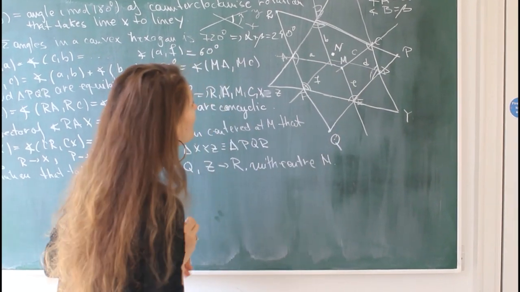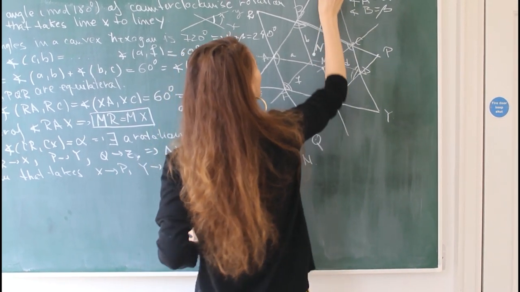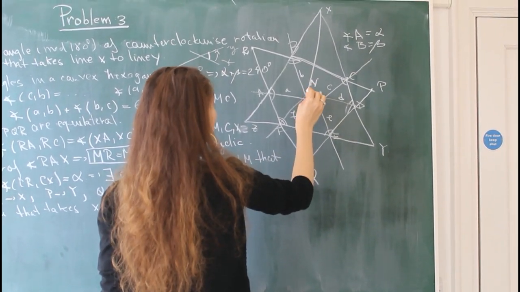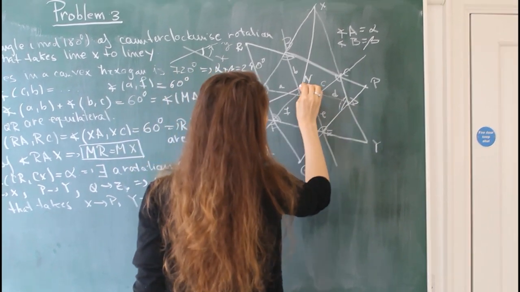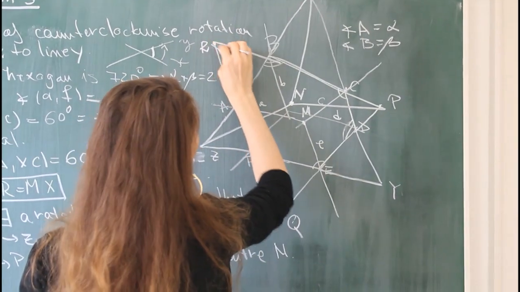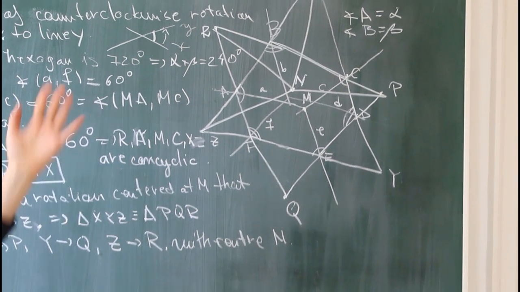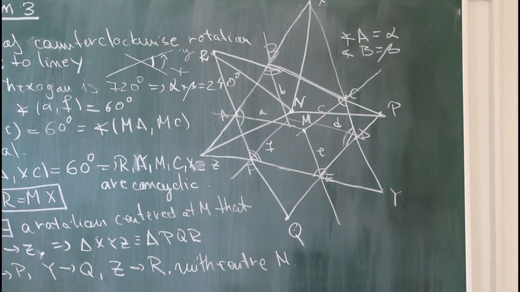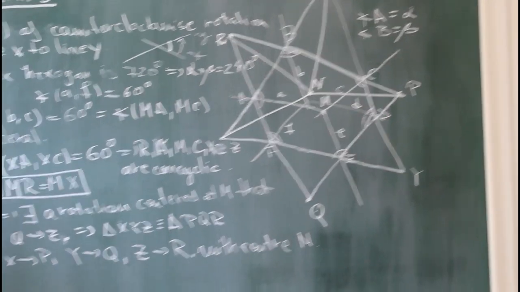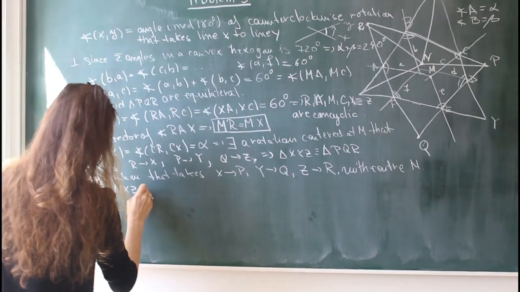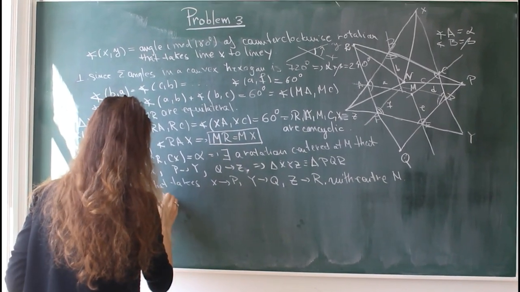Then we look at the triangles NXZ and NPR. Because it's a rotation, these triangles are congruent. So triangle NXZ is congruent to triangle NPR.